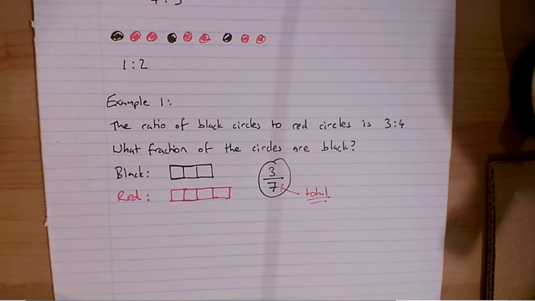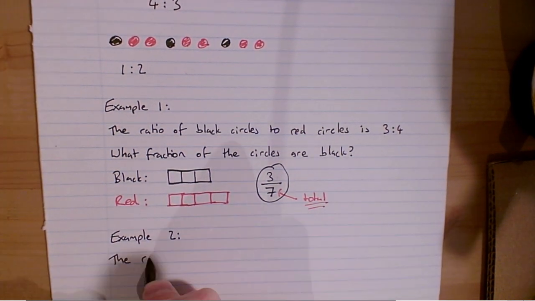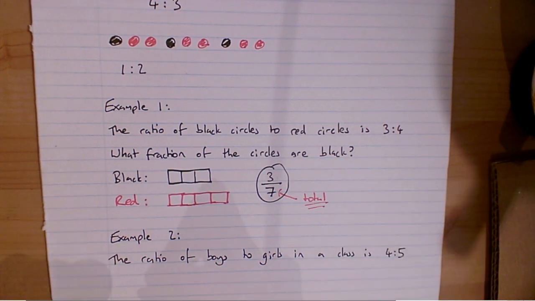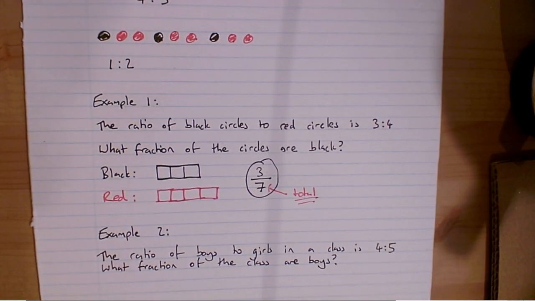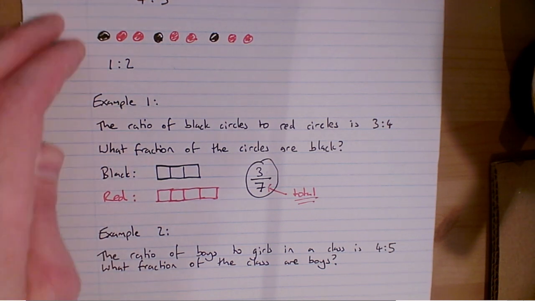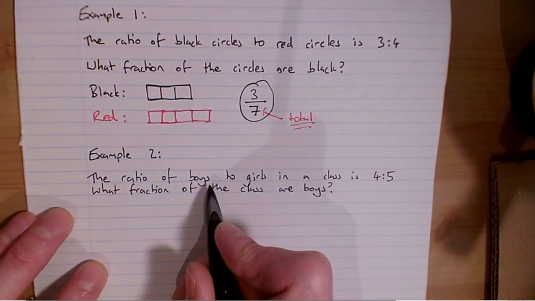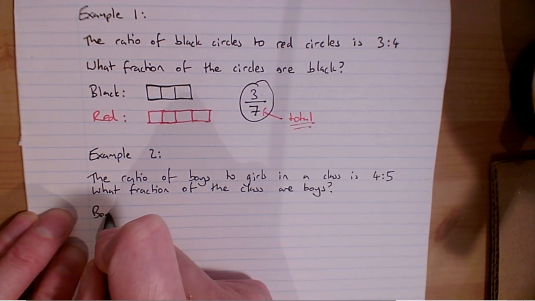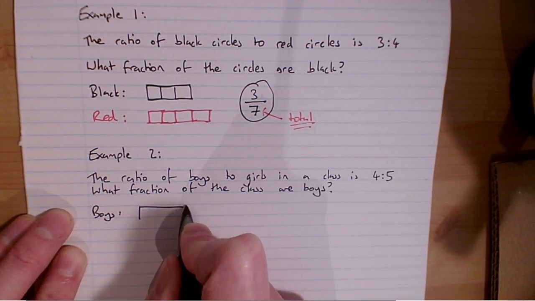Let's do just one more example. If you want, you can pause the video and have a go at this one yourself. Otherwise, I'm going to go through it. Okay, so again, I'm going to draw a bar model. So I'm going to draw a section for boys. And there are 4 parts there, so I'm going to draw 4 boxes.